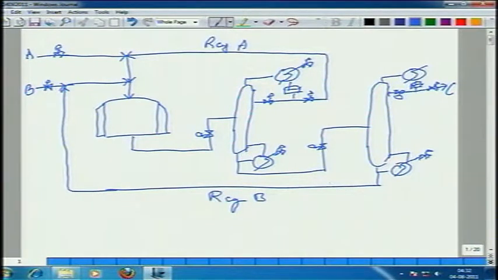Did I miss anything? It's quite possible I missed something. Yeah, I missed the cooling stream.